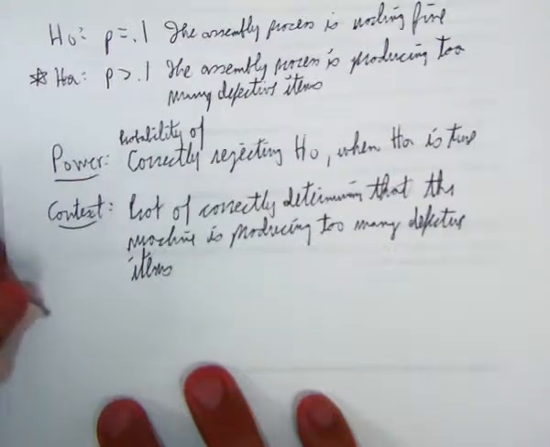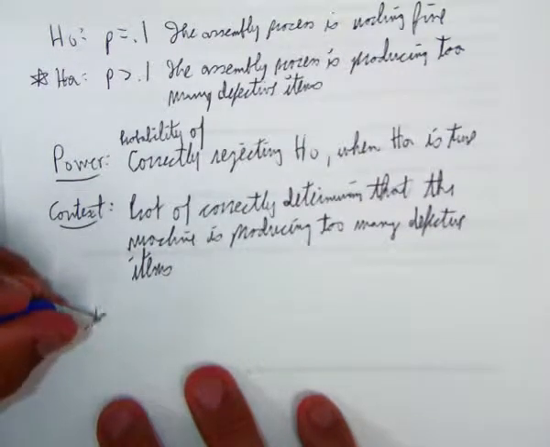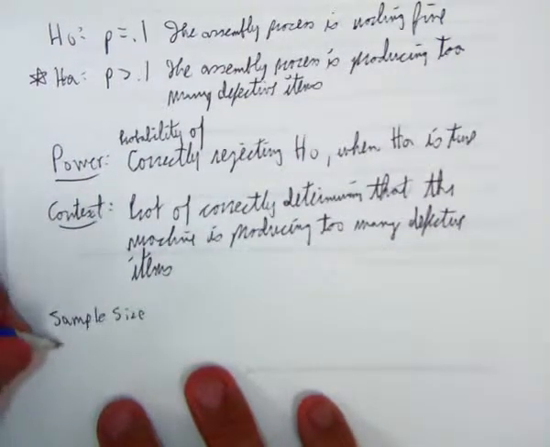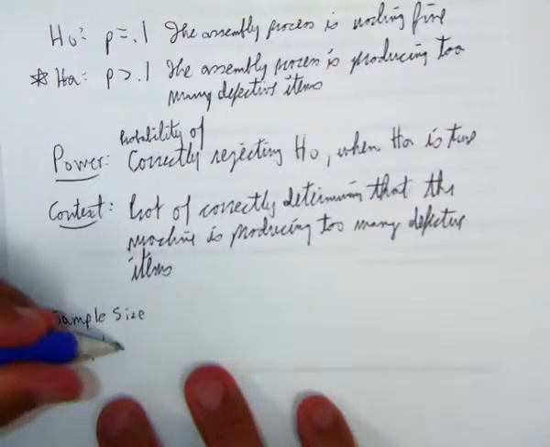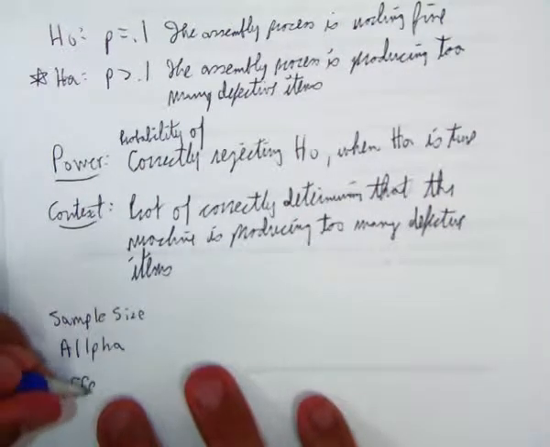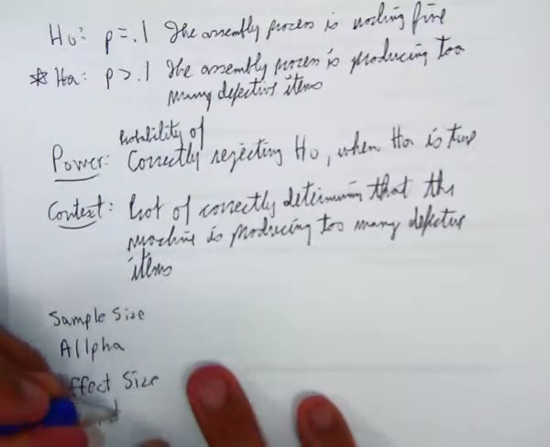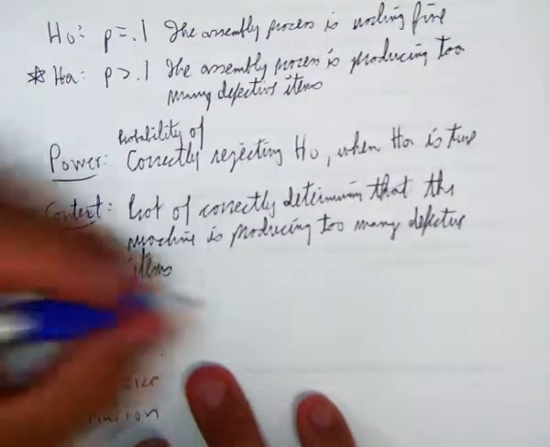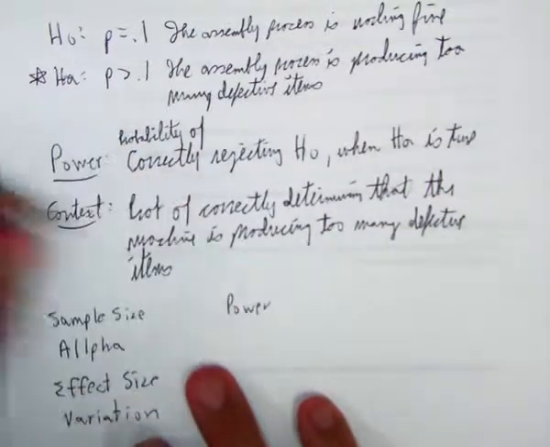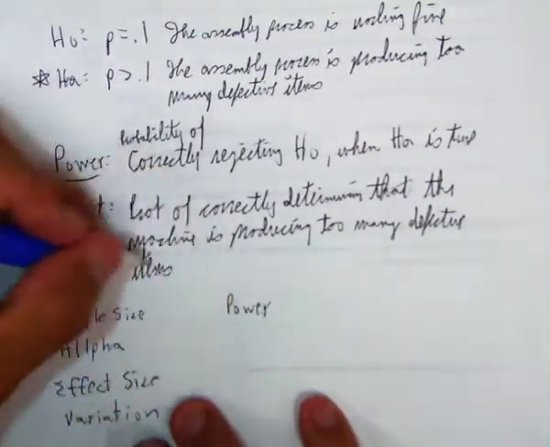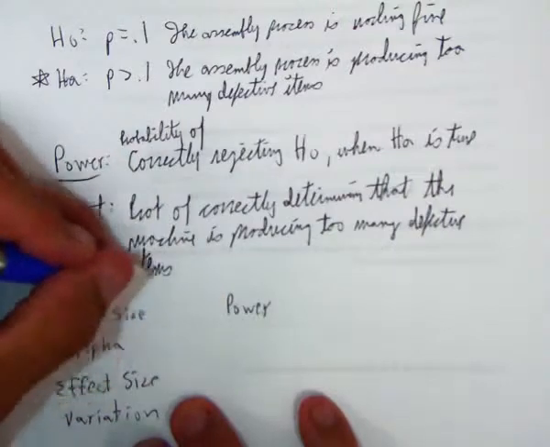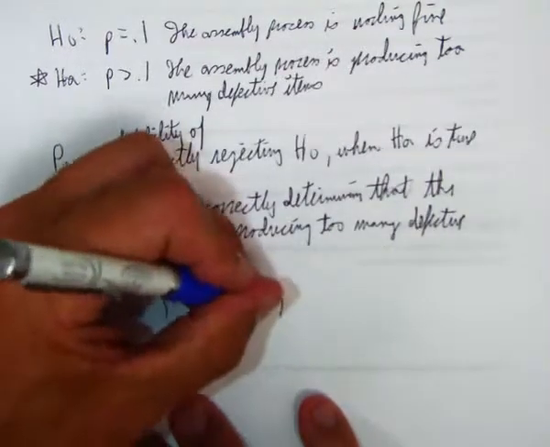Now, we have 4 things that affect power: sample size, alpha, effect size, and variation. When sample size goes up, power goes up.